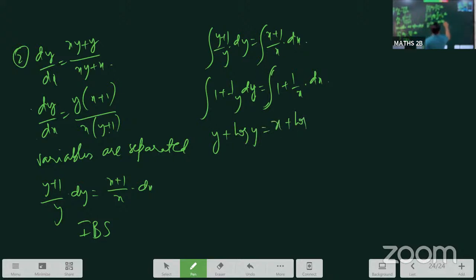Integration of 1 by x is log x plus c. So this is your complete final answer, or you can make some simplifications also.